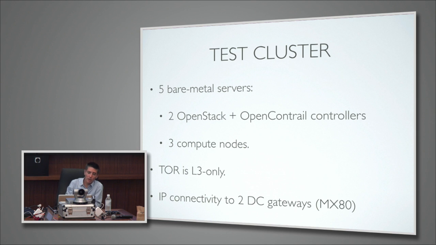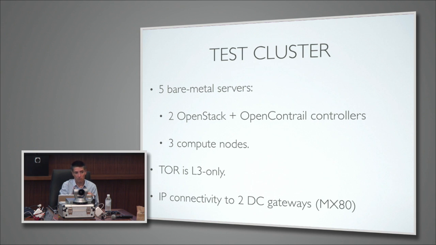So throughout my demo, I have a test cluster that I'm using, which has 5 bare metal servers. I'm using 2 of those servers to serve as OpenStack controllers. OpenStack and OpenContrail are running active-active, and I have 3 compute nodes on those servers. They just happen to be on the same rack, but it actually doesn't matter.